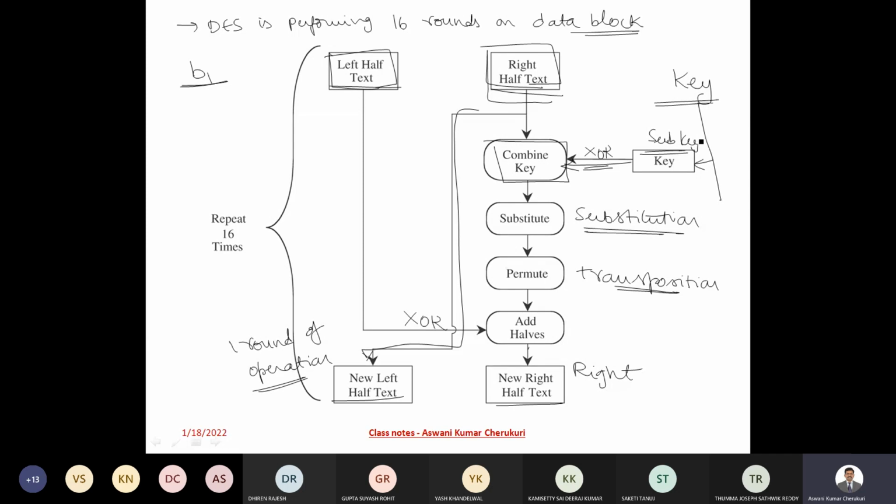That is where the sub key comes in. From the original key we have been given, we are going to generate a sub key and give it to each round. So this is the sub key for the first round, and then the sub key for the second round. That means for every round you are generating a new sub key. Like this, how many new sub keys would be generated?